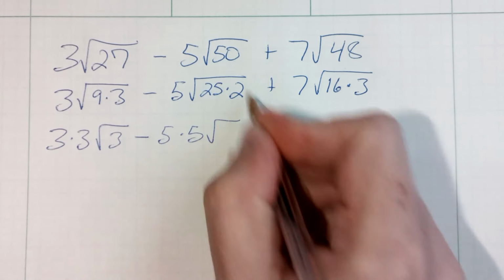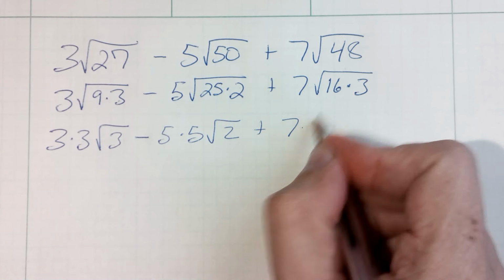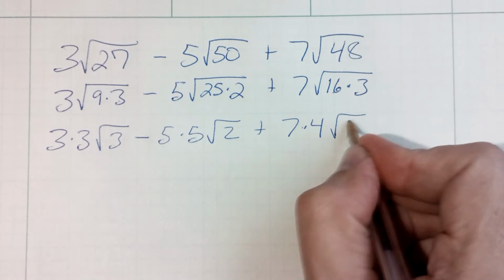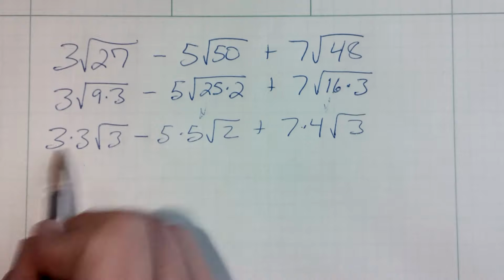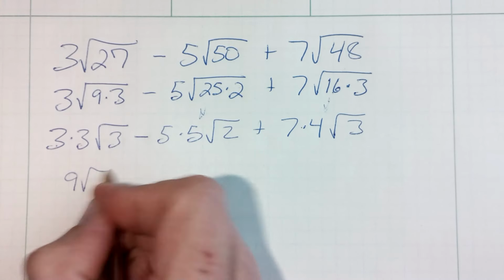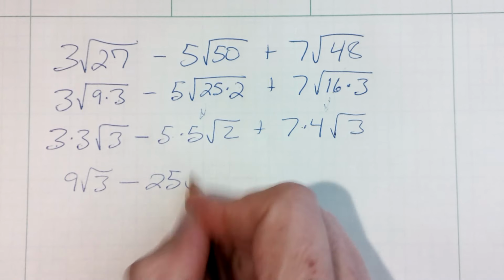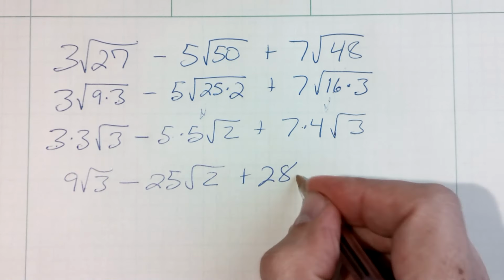Square root of 2 will stay as the square root of 2, plus 7 times square root of 16 is 4. Then I leave the square root of 3, right? Just follow down this path. 3 times 3 is 9 square roots of 3, minus 5 times 5 is 25 square roots of 2, plus 7 times 4 is 28 square roots of 3.